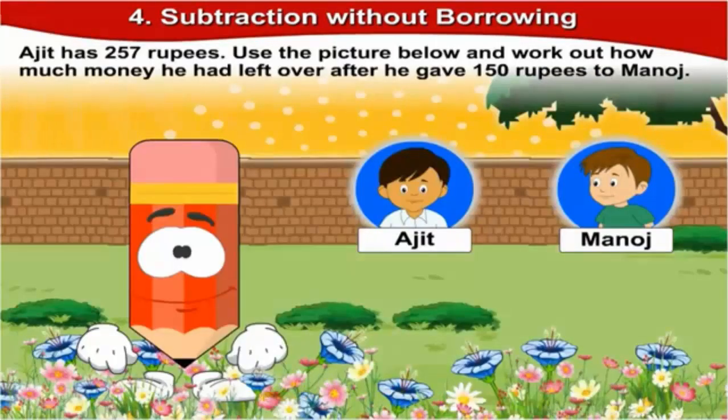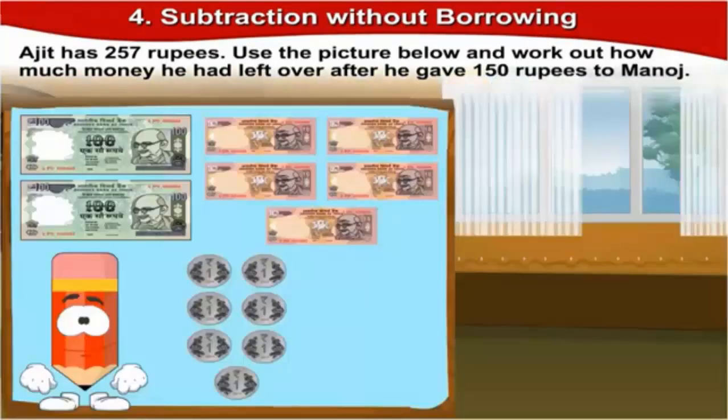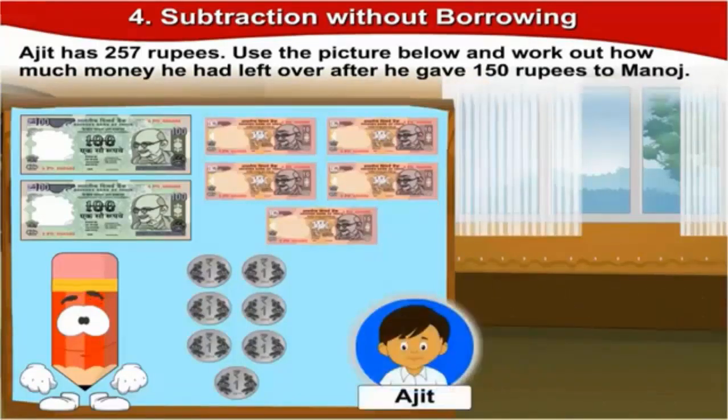Ajit has 257 rupees. Use the picture below and work out how much money he had left over after he gave 150 rupees to Manoj. Here is Ajit. He has 257 rupees.